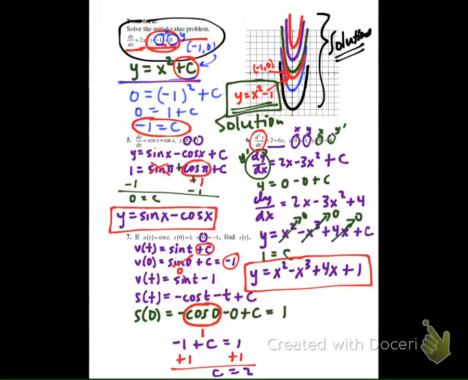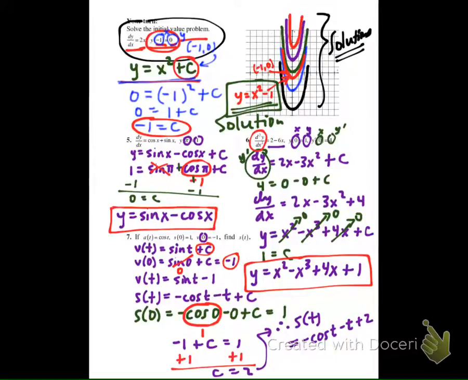And so if c is equal to 2, therefore our s of t is equal to negative cosine t, and then we had the minus t, and then c was equal to 2.